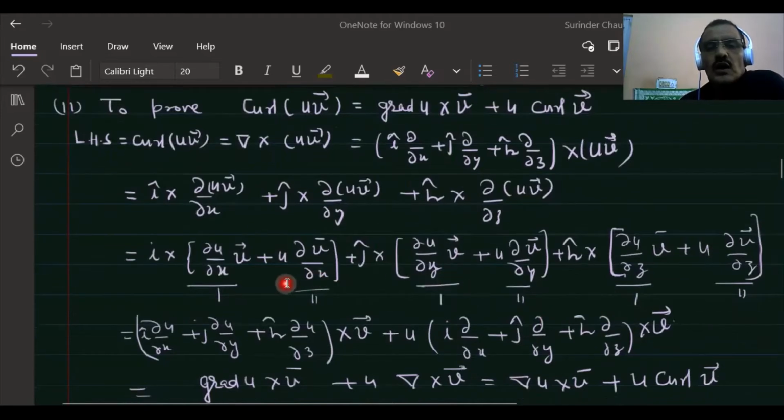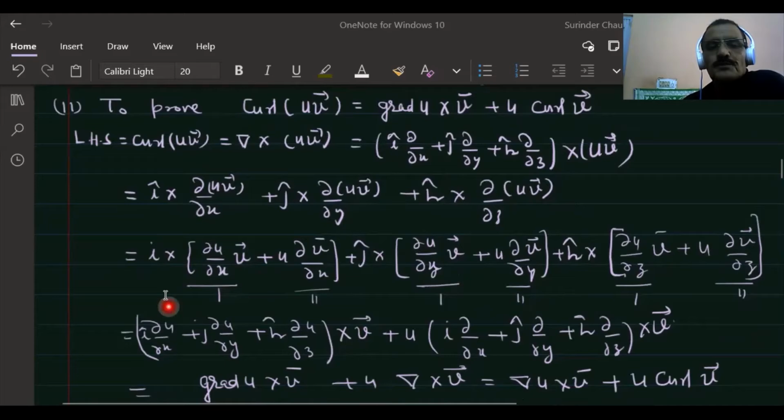Then after that we'll arrange the like terms. This has v here and v here: del u by del x, v common, cross v common. For the first term, we got cross v common.